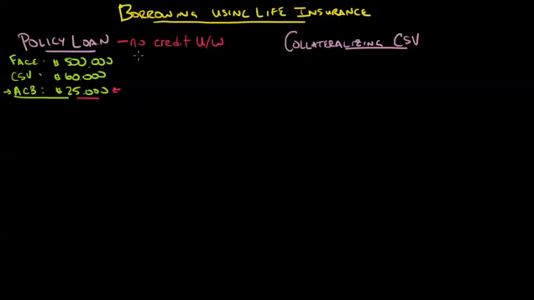The insurance company is the only party you have to deal with in a policy loan, and they have a very easy way to make sure that this loan gets repaid. If you don't repay it by the time you die, they'll just collect it then before paying your beneficiaries the death benefit.